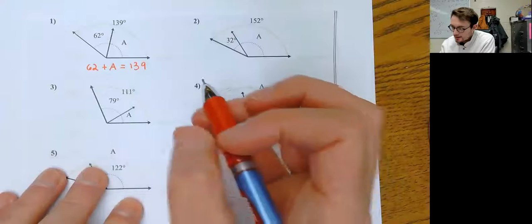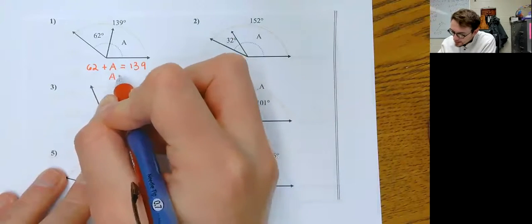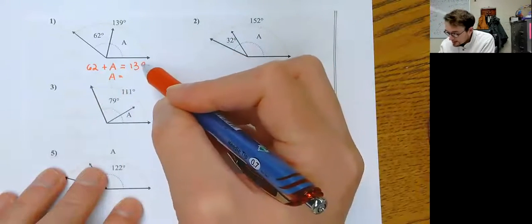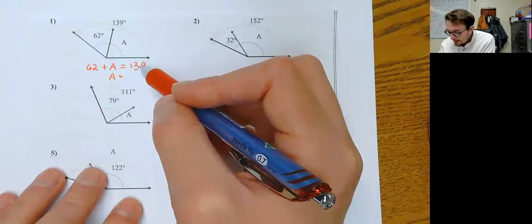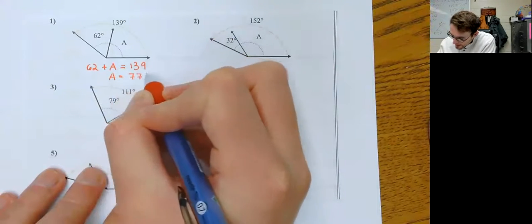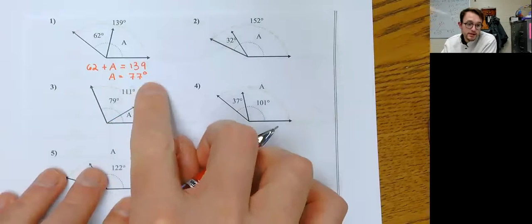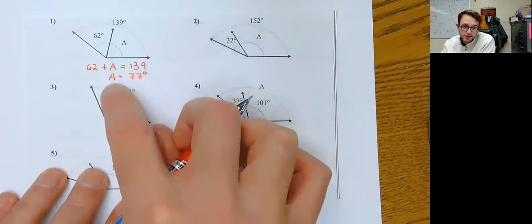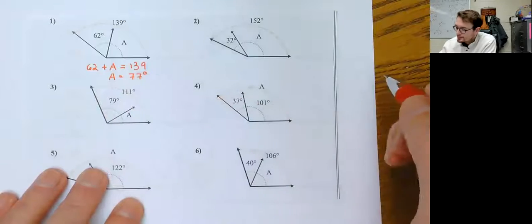Then you just subtract off 62, and A equals 77. It's really important that you put the degree symbol because we're talking about angle measures. So your answer would be A equals 77 degrees.